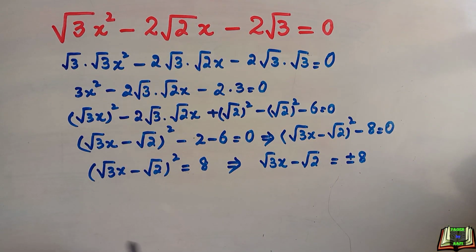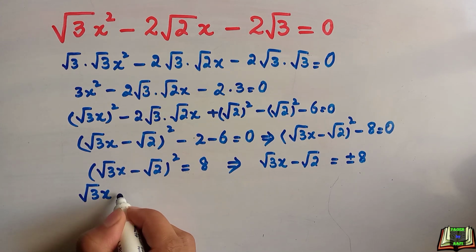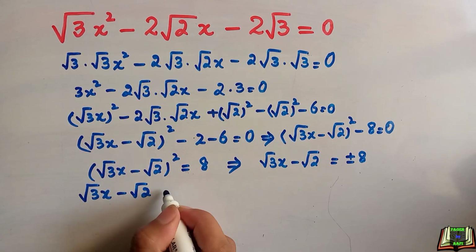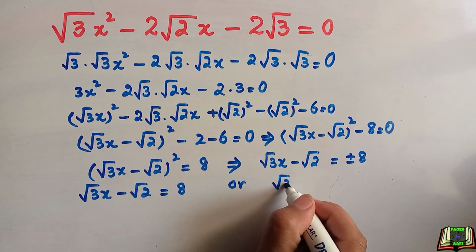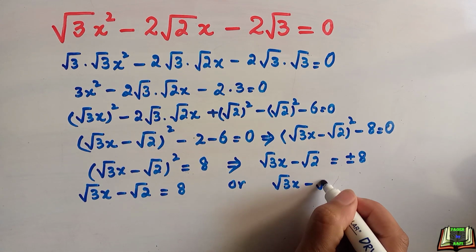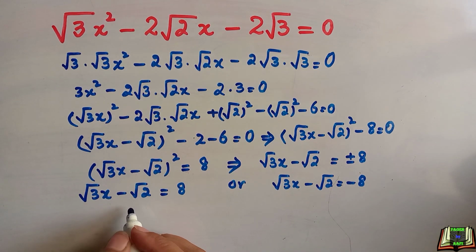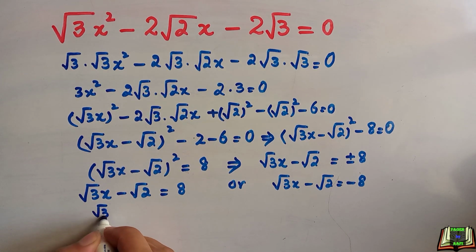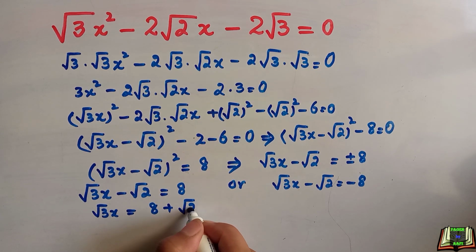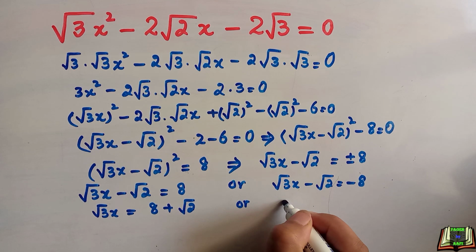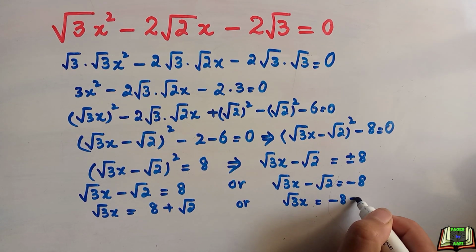It can be written as root 3x minus root 2 is equal to positive root 8, or root 3x minus root 2 is equal to minus root 8. Now taking this root 2 to the right hand side, root 3x is equal to root 8 plus root 2, or root 3x is equal to minus root 8 plus root 2.